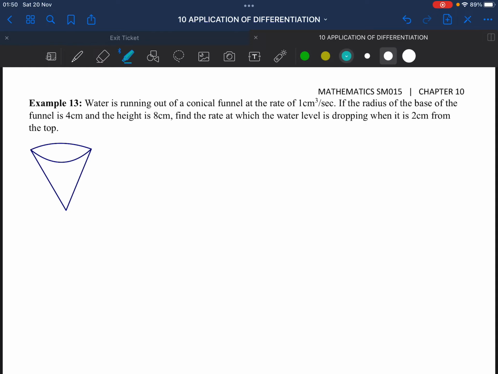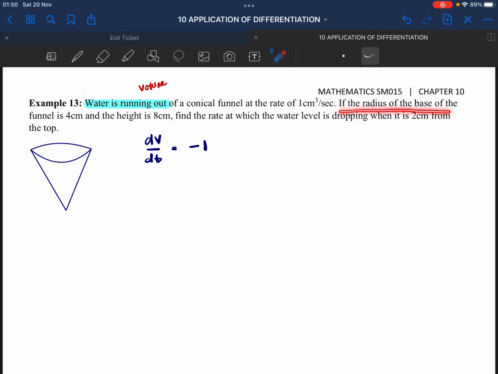That means this is talking about the volume. Volume running out, so your rate must be negative. So we already have dV over dt equals negative 1. That is what is given for us from the first sentence.